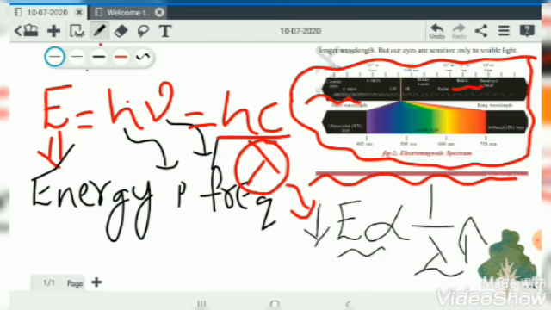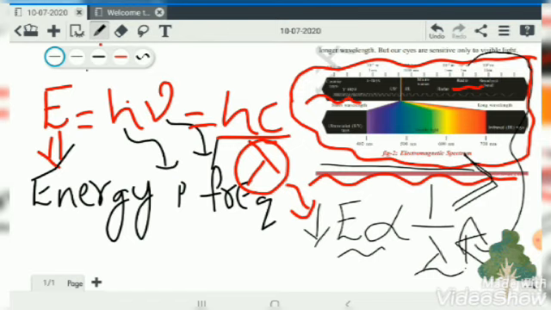As you go to the right of the electromagnetic spectrum, the energy decreases. That is the reason why radio waves have the highest wavelength and lowest energy.